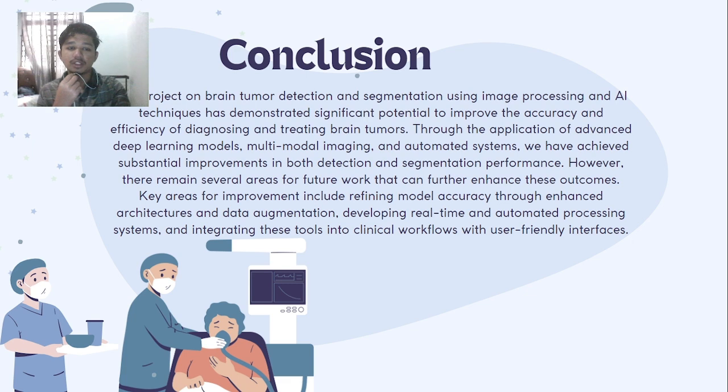We have achieved substantial improvement in both detection and segmentation performance. However, there remain several areas for future work that can further enhance these outcomes. Key areas for improvement include refining model accuracy through enhanced architectures and data augmentation, developing real-time and automated processing systems, and integrating this tool into clinical workflow with a user-friendly interface.